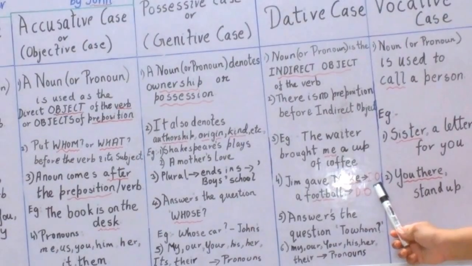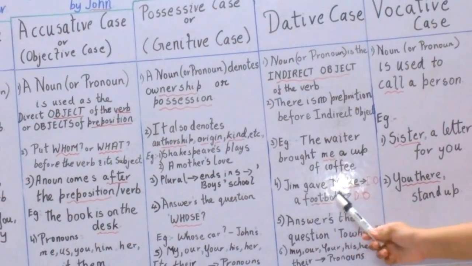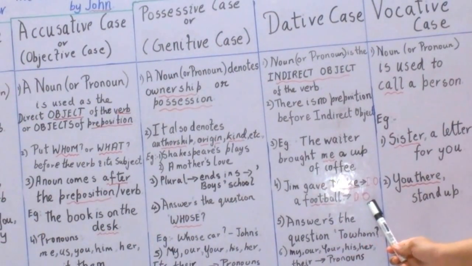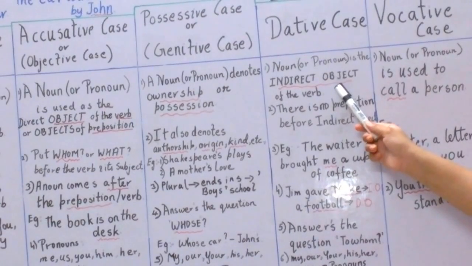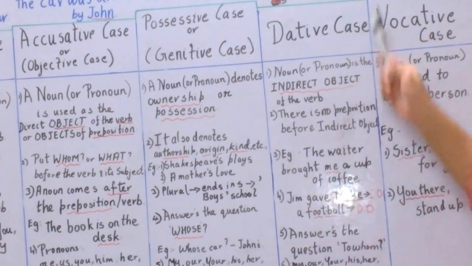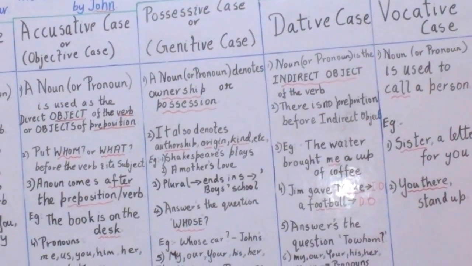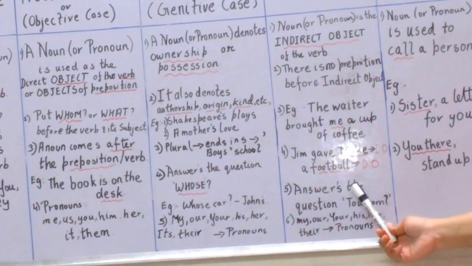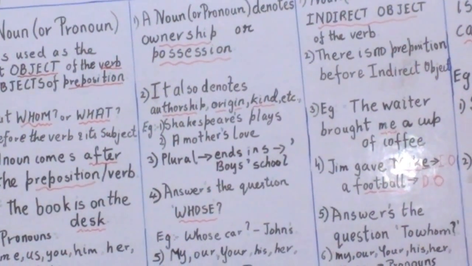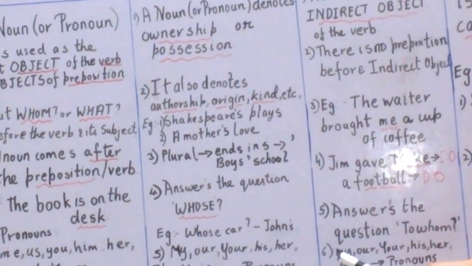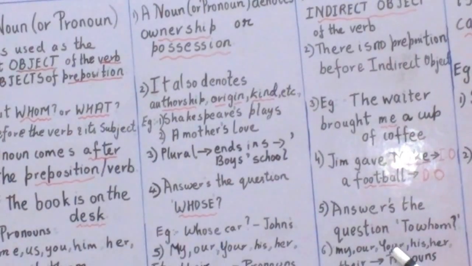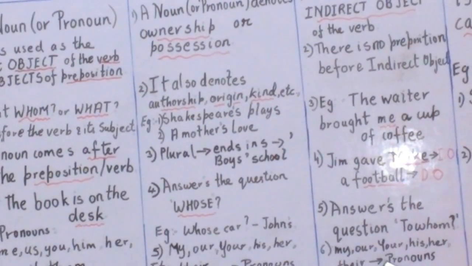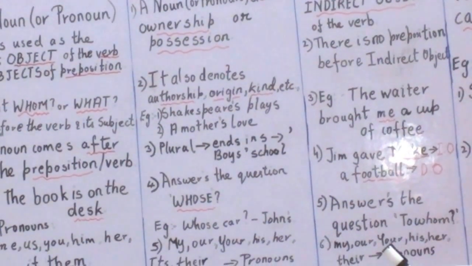Mike becomes the indirect object, and a football becomes the direct object, because for the indirect object, the action is done. The ball is given, and we always have to answer the question to whom. Now I have pronouns like my, our, your, his, her, and their. This is all about the dative case.